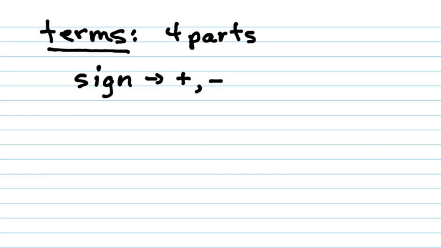Okay? So we won't be dealing too much with the sign. But know that the first part of every term is its sign, a plus or a minus. Then how can I know when I'm about to hit a new term? I'm going to see a plus or a what? Minus. So the terms will be separated by pluses and minuses.